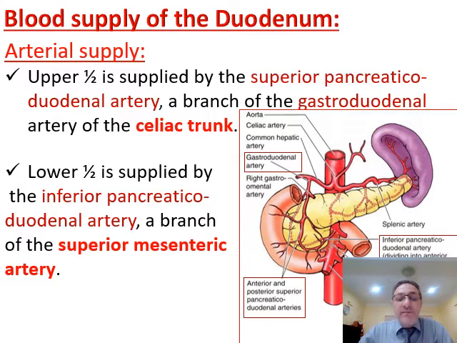The superior mesenteric supplies the whole small intestine and the cecum, appendix, ascending colon, and right two-thirds of the transverse colon, and the rest of the GIT is supplied by the inferior mesenteric artery.